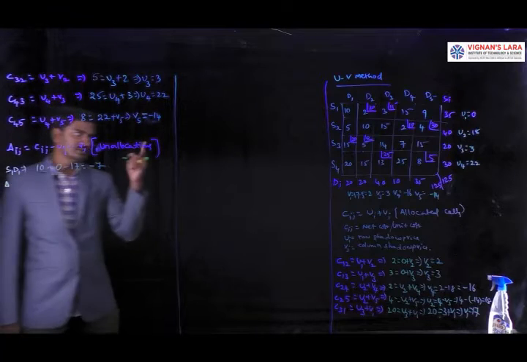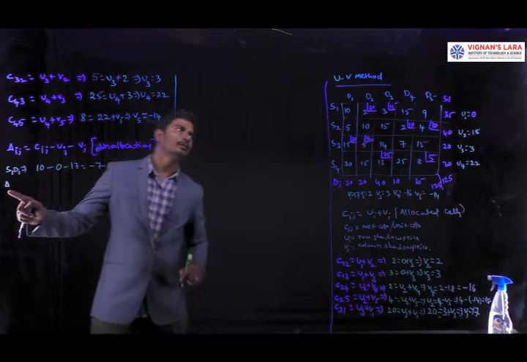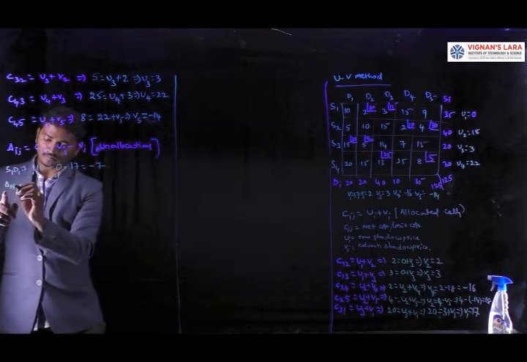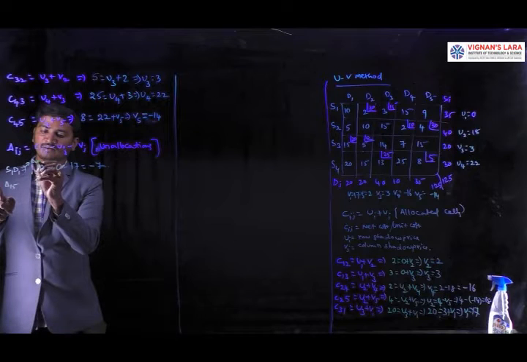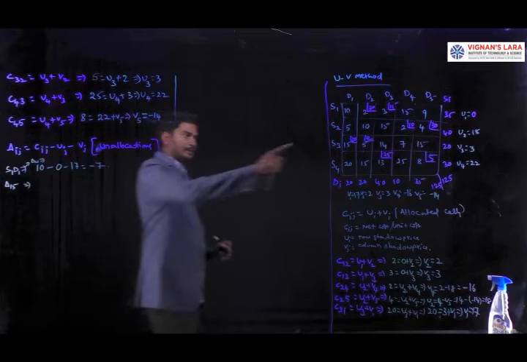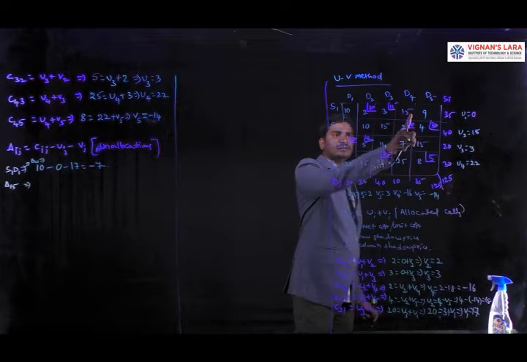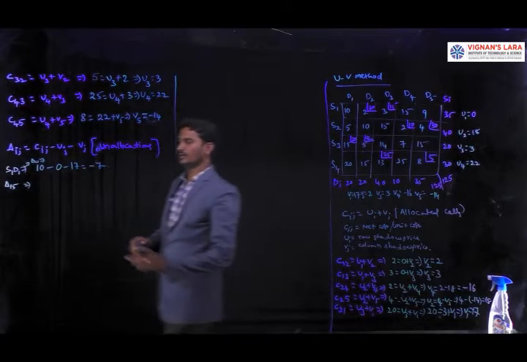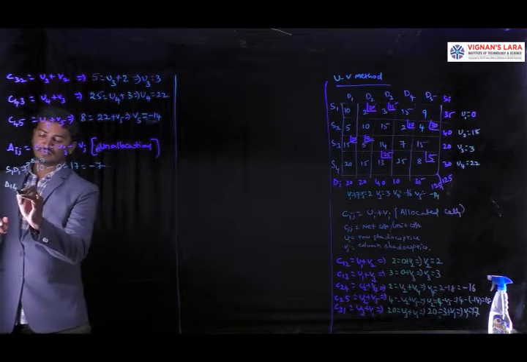We can represent that unallocated by S1 D4, or delta 14.